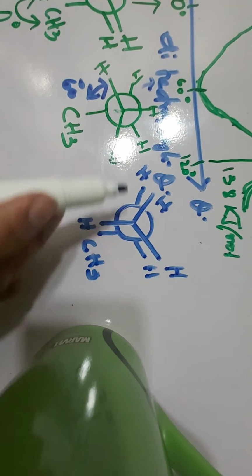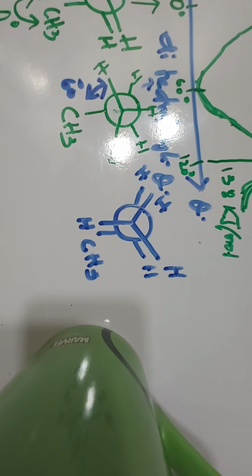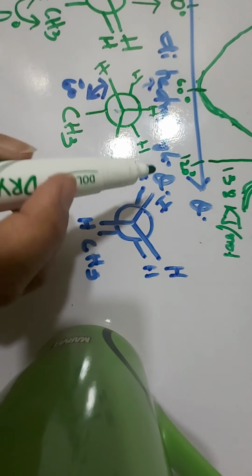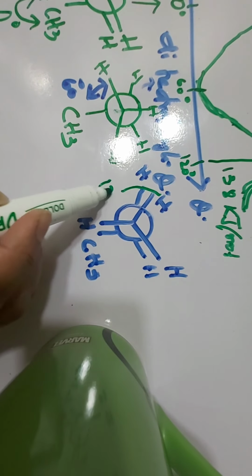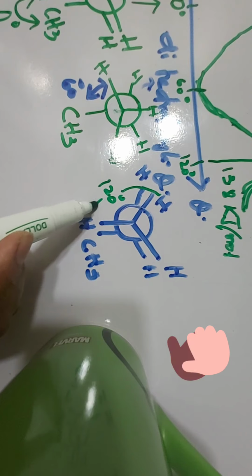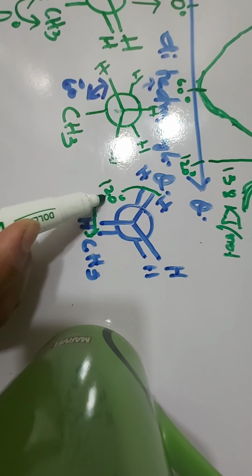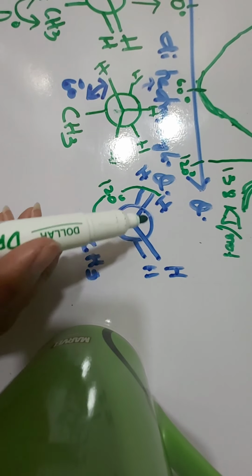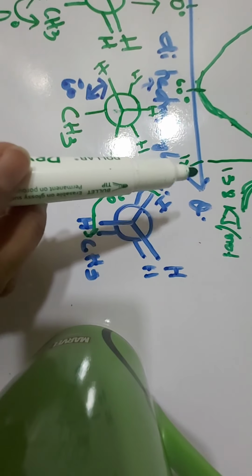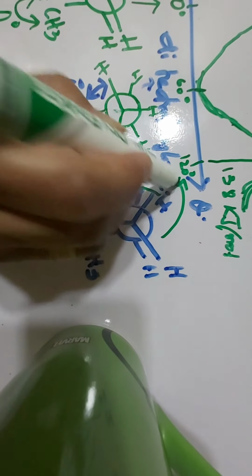So now hydrogen, hydrogen, hydrogen, hydrogen. Here you will see that the angle between this and this is 120 degrees, and this methyl, it's 120 degrees. So again this corresponds to this 120 degrees. So now this is 13.8.